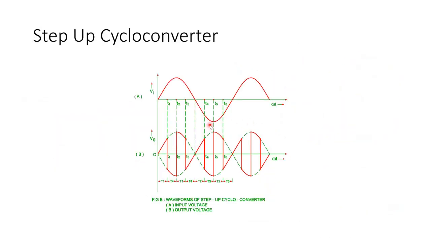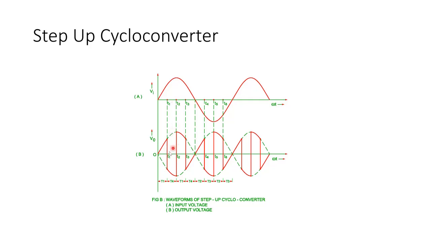Now in the step up operation of the cyclo converter, instead of what you did in the step down operation, where you allowed your P converter to be on for both the positive and the negative half cycle, now within the positive half cycle or within the negative half cycle, you will turn on your P converter and N converter one after another.